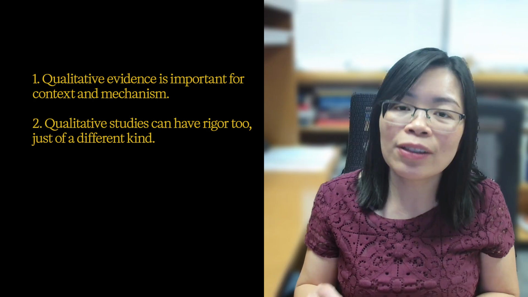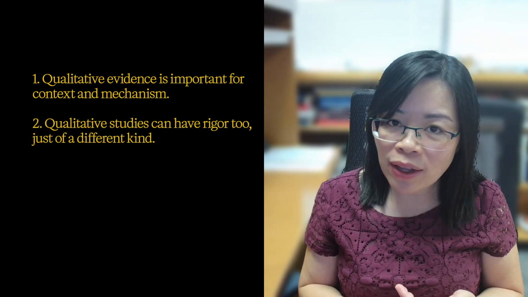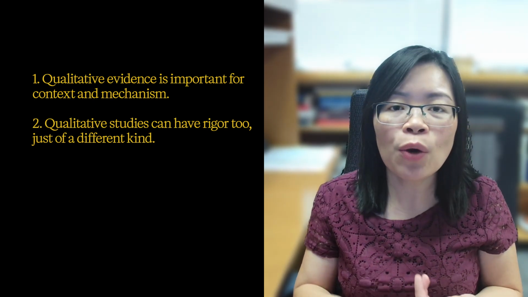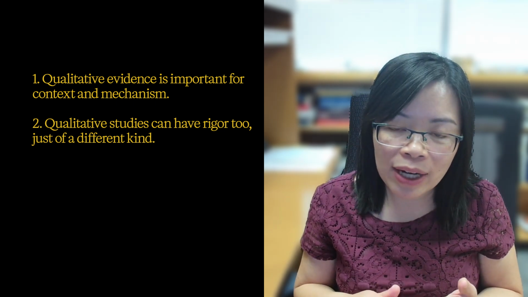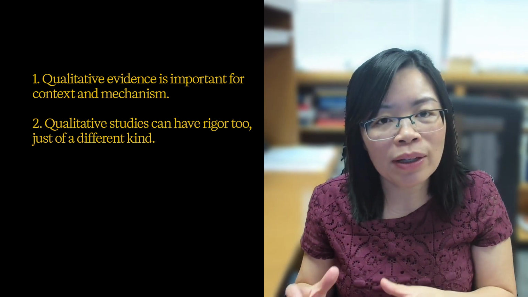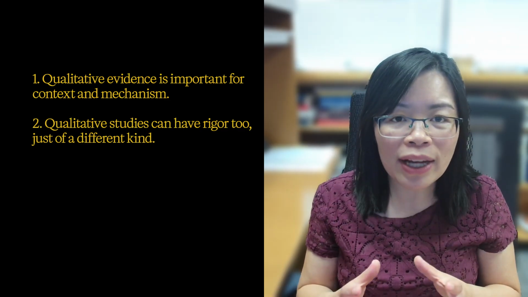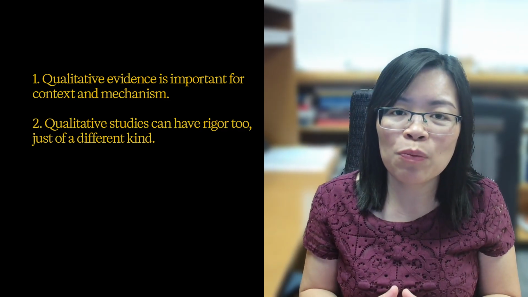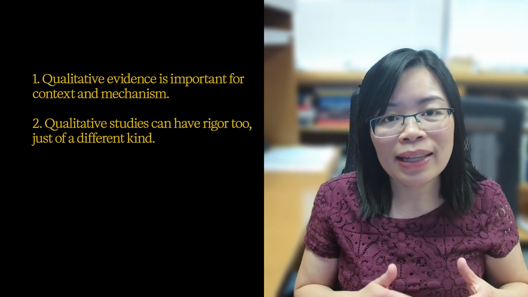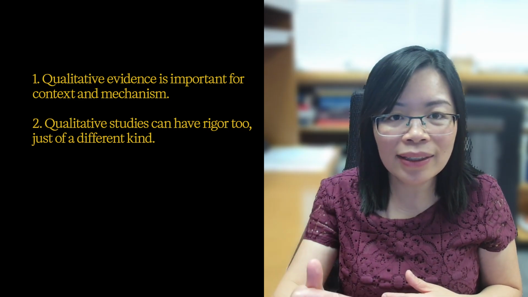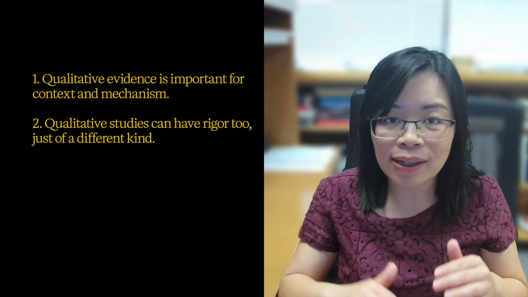Second, qualitative studies can have rigor too, just of a different kind. They're not an anecdotal free-for-all. Good qualitative research uses systematic methods, for example, coding, triangulation, and theoretical sampling to ensure credibility and transferability. There is even work on hierarchies of qualitative evidence for practice. For example, placing meta-synthesis of qualitative studies at a higher tier than single qualitative studies.